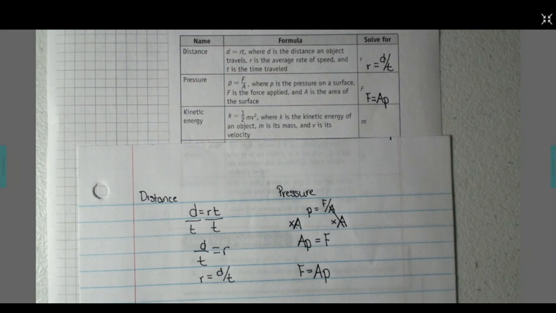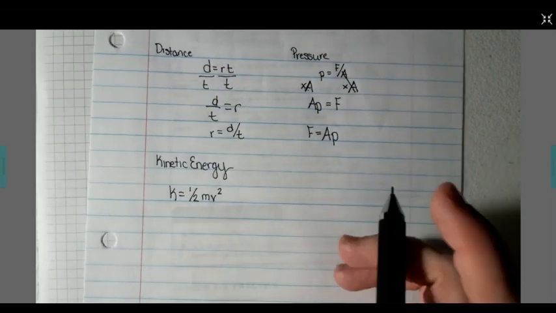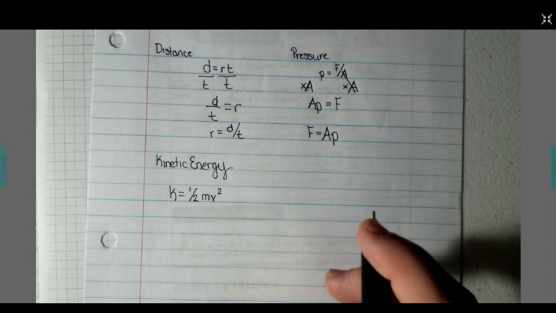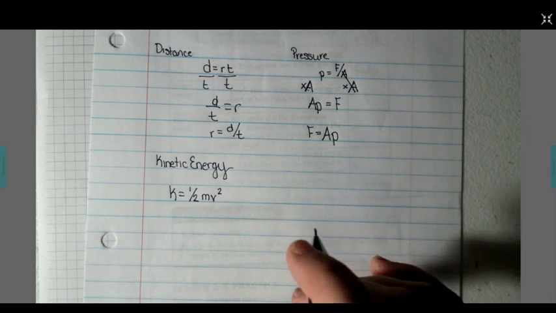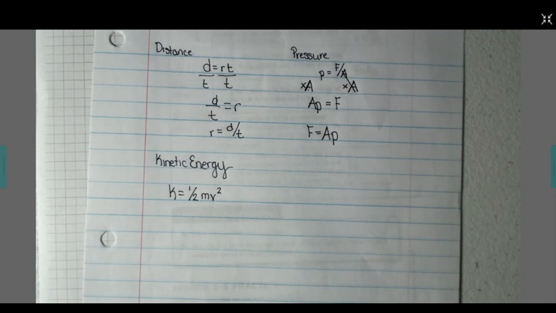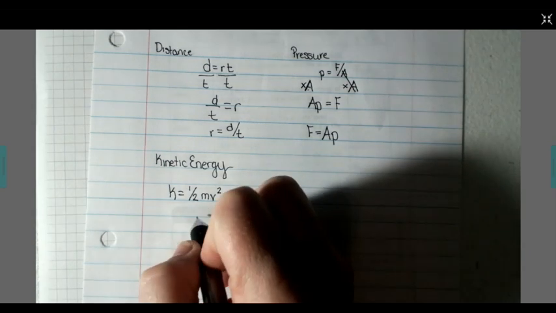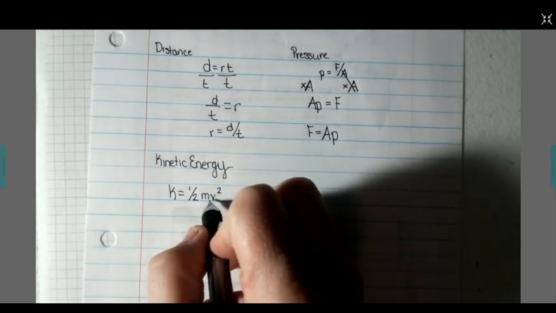And it asked us to solve for M. So we are going to isolate the M term. Well, it's already isolated because all of the rest of this is being multiplied to the M. So we would need to do some division here. So I'm going to start by dividing by V squared.